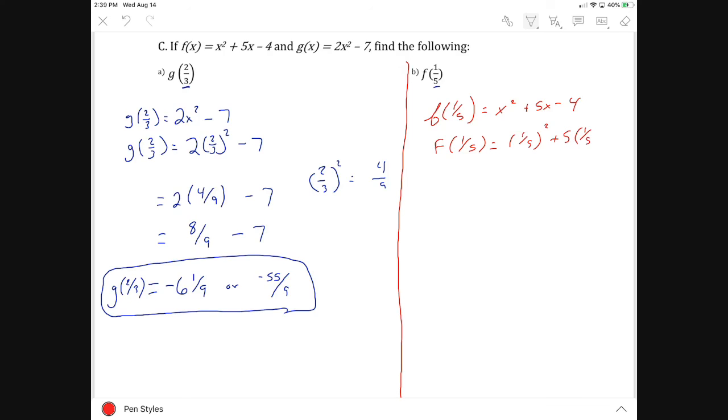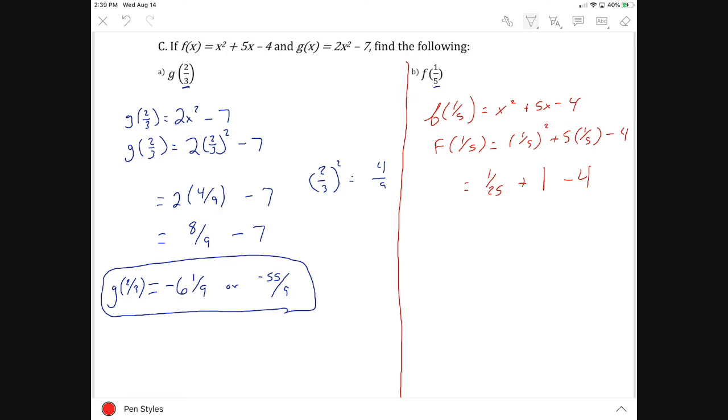So again, we're going to be multiplying fractions. So 1/5 times 1/5 would be 1/25. Okay, so you're going to have 1/25 plus 1, because 5 times 1/5 is just going to be 1, minus 4.